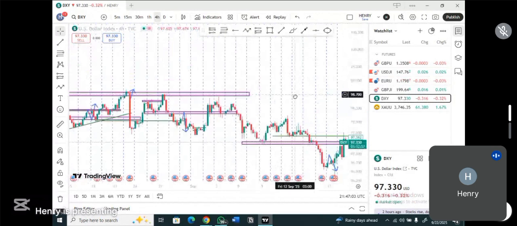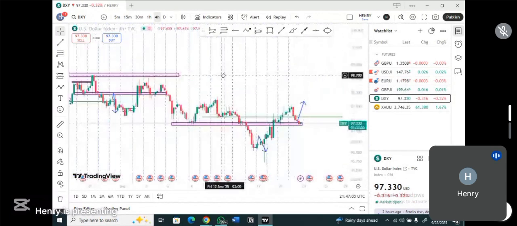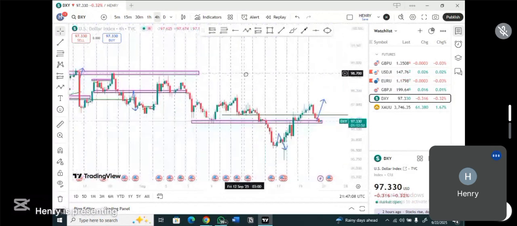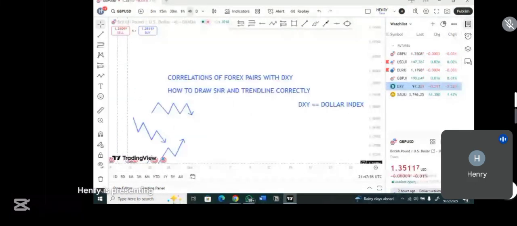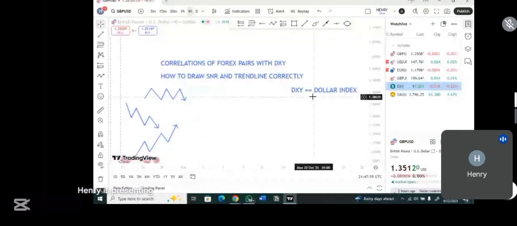If you want to see how the dollar is performing or not performing, you check the dollar index. So DXY just shows anything happening on the dollar. Every currency has its own index.